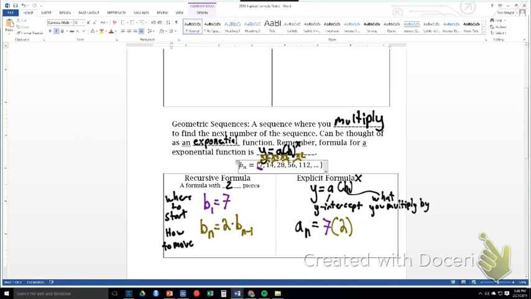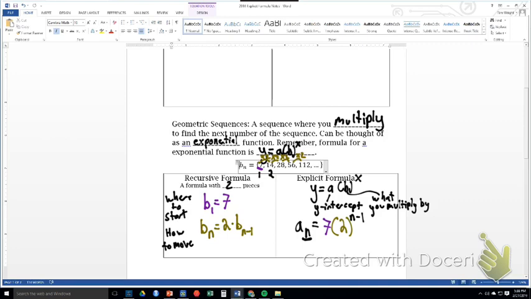It's going to be the same as this, so it's going to be n and then minus 1 because we already start with the first number. Once again, 7 is where you started, 2 is what you're multiplying by, and n minus 1 because 7 is the first number, 14 is the second, and we want to know how many times we multiply by 2.